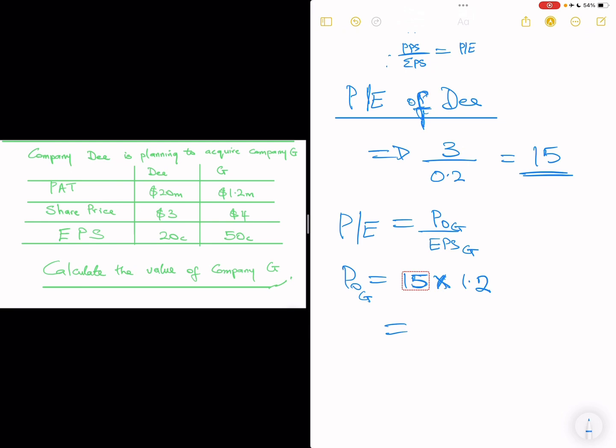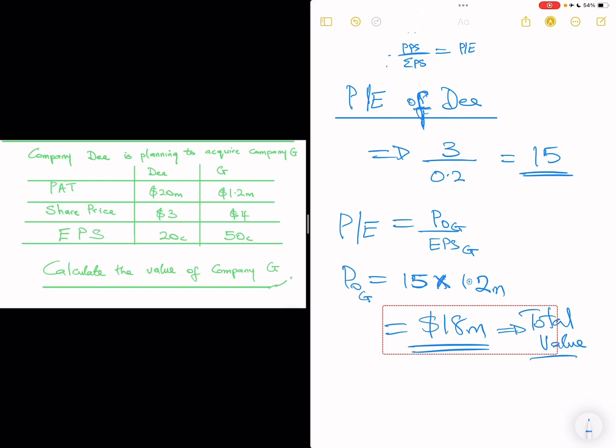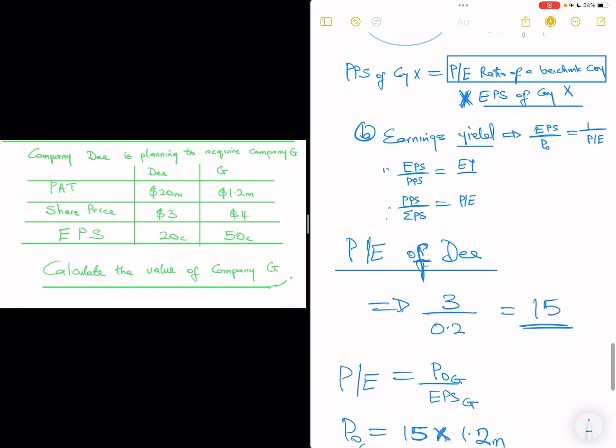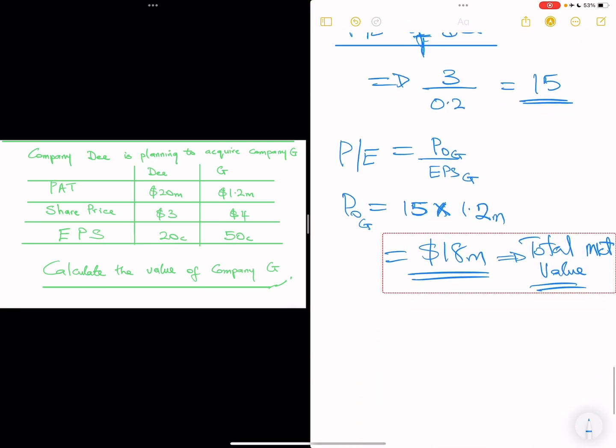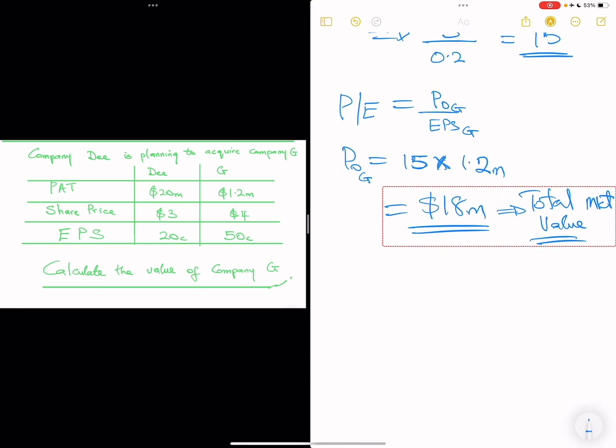So it still gives us 18 million. So that's $18 million. This is the total market value of the equity of the company. If you had the number of shares, we would have been able to calculate the price per share.